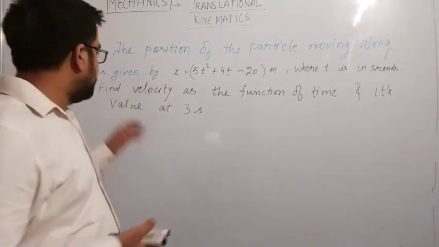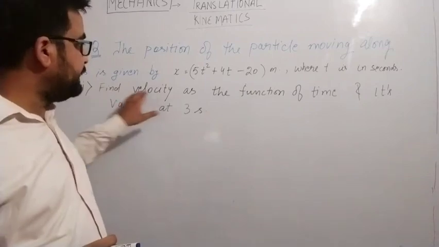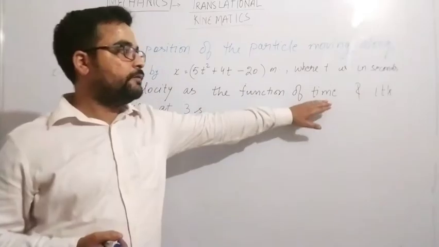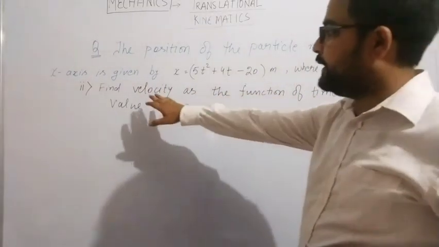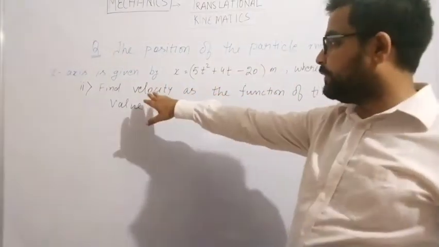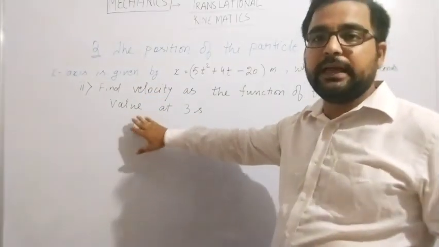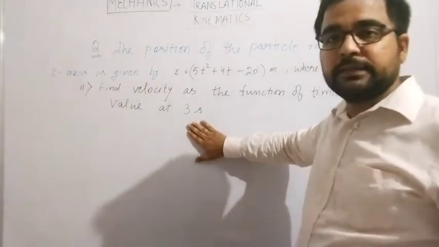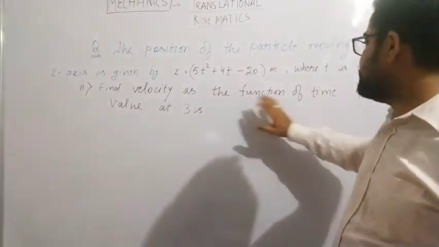See, if the question had omitted the part about velocity as a function of time, and only asked you to find the velocity at time t is equal to 3 seconds, then also you would have to find velocity as a function of time.